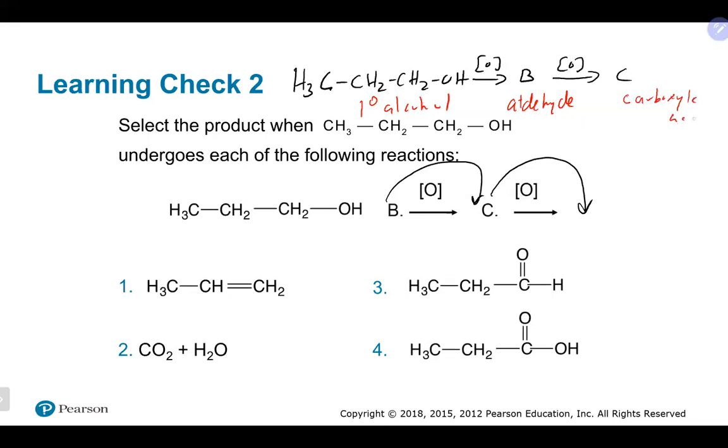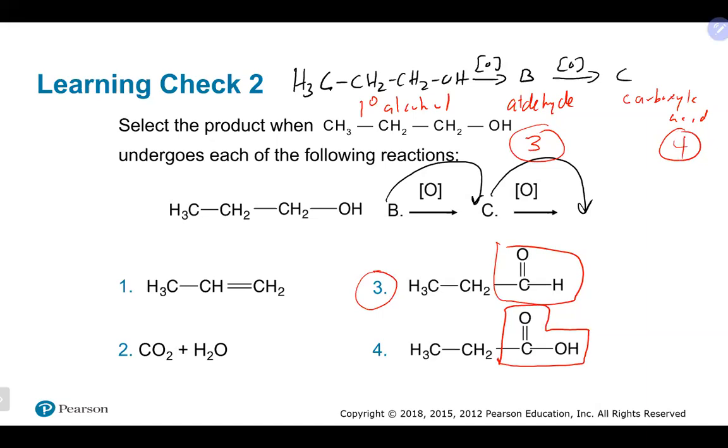So once again, if you know those things, you don't even need to draw anything, because the only aldehyde in the choices here is number 3, which means I could just bubble 3 and be done. By the way, the only carboxylic acid on the list is number 4, which means I could bubble in 4 and be done with this question very, very quickly.